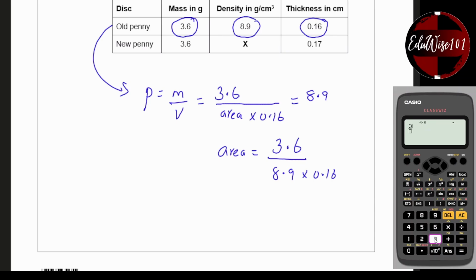So let's do that as a fraction. 3.6 divided by 8.9 times 0.16. That gives me an answer of 2.53. Let me write it as up to 3 decimal places: 2.528.